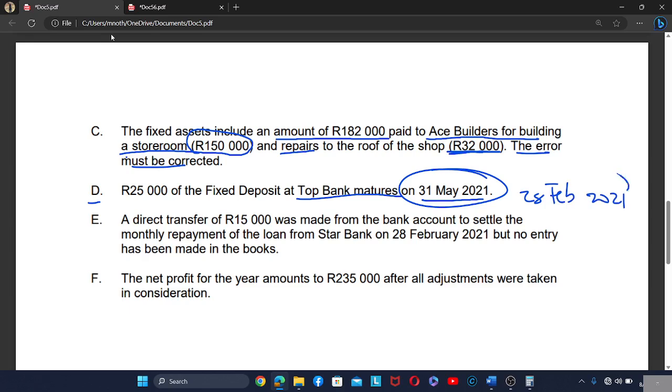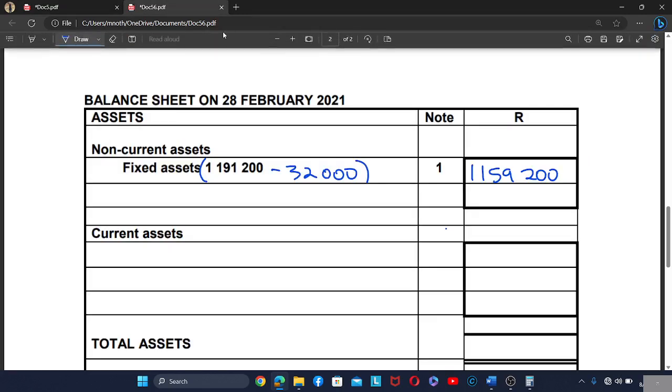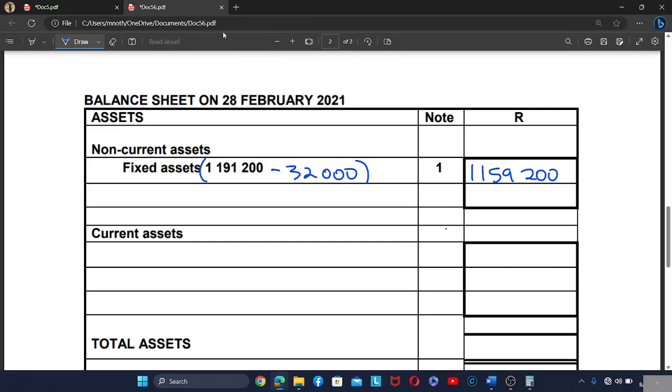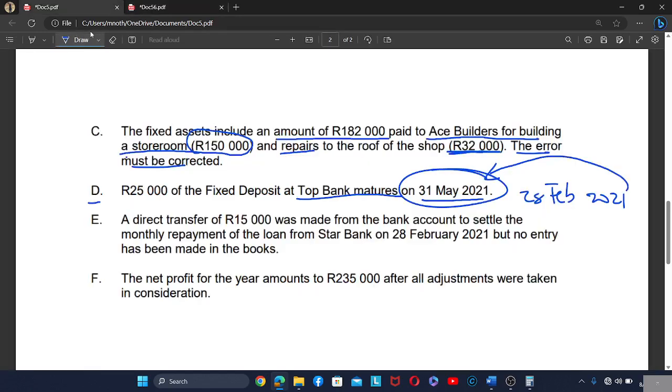And in a period that is less than 12 months, we are going to get back our fixed deposit. So this is no longer a long-term investment. It is now a short-term investment.